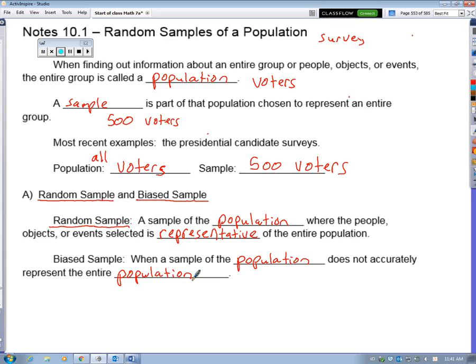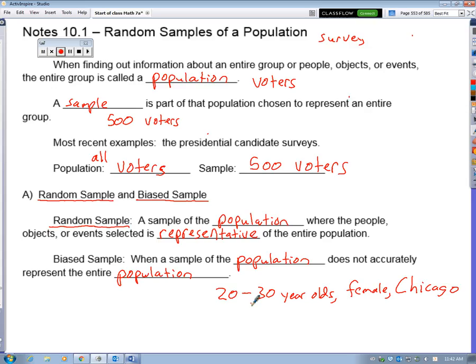For example, this would be if a survey company was going to ask voters of a certain category who they were going to vote for. For example, let's say it was going to be 20 to 30-year-olds, who were female and lived in Chicago.